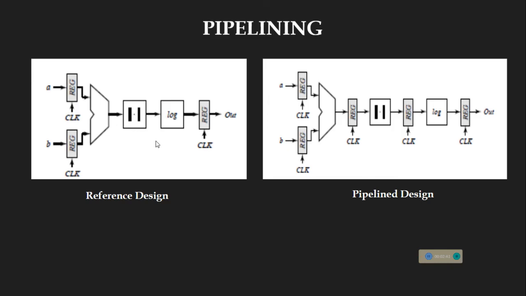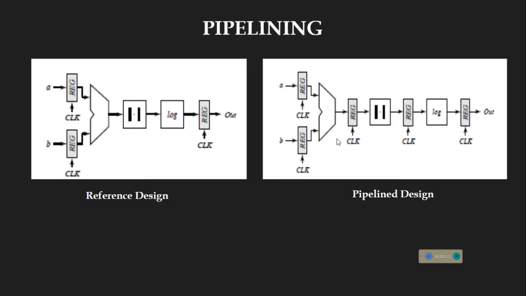The same reference design, but at each and every logical operation, that is in between the adder and absolute, and in between the absolute and log, we are having a register. This register is capable of holding A0 plus B0, then the absolute value of A0 plus B0, and then log of absolute of A0 plus B0 for the first data.